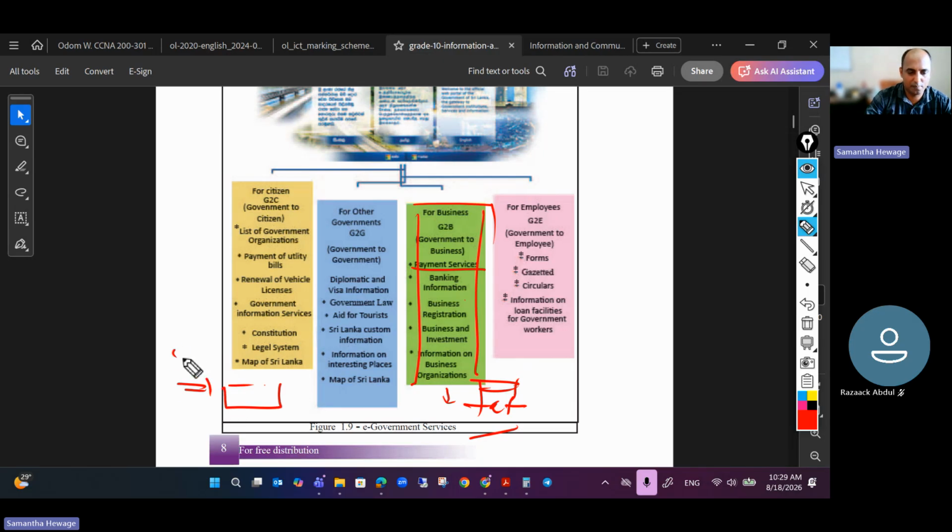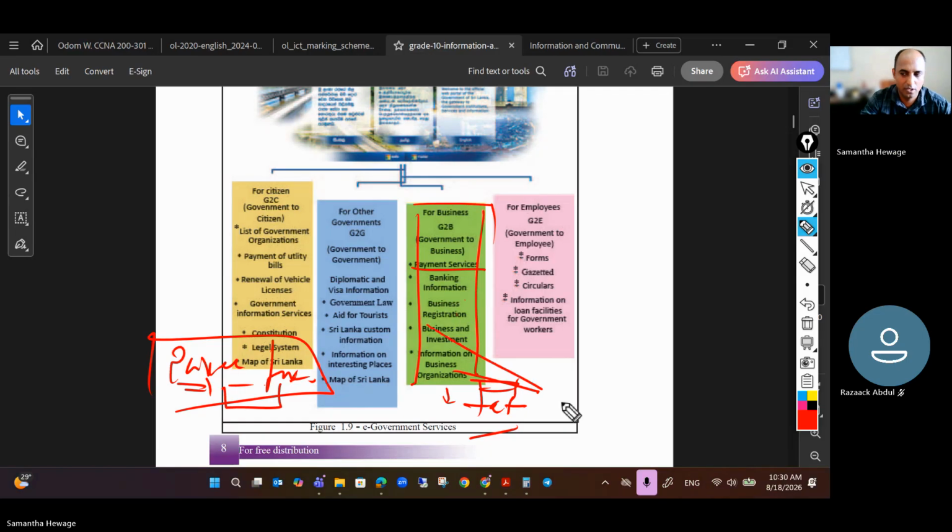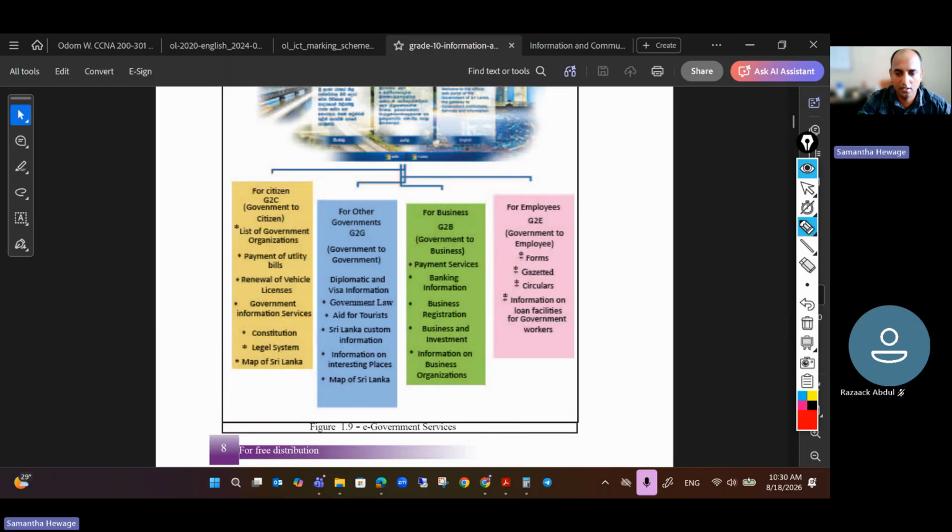Pay tax, PAYE tax. So PAYE tax you have to pay for each and every employee or business. So you can get that information. If you are running a business, definitely you have to pay the tax. Then where to pay the tax? And if you are going to invest, how are you going to invest? So that is government to business.